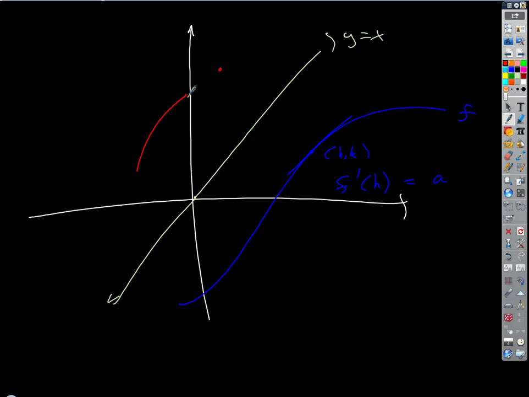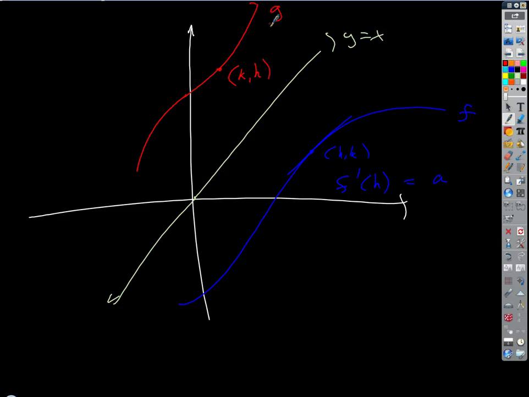Something like that. What are the coordinates at this point? k, h.